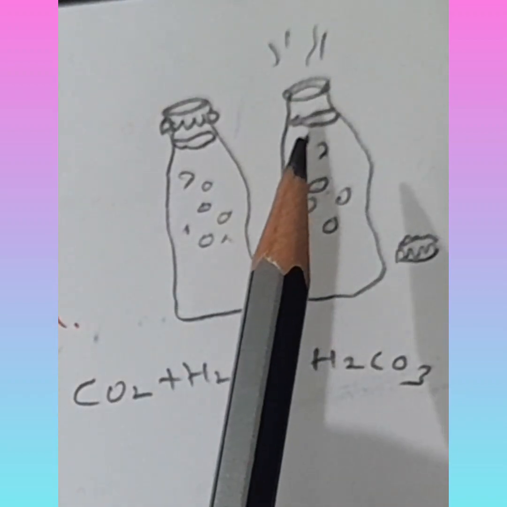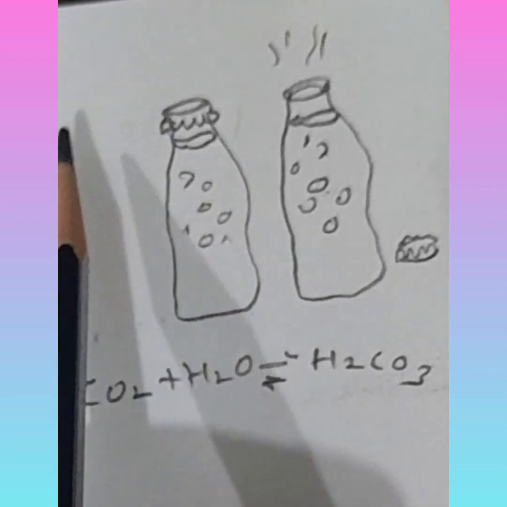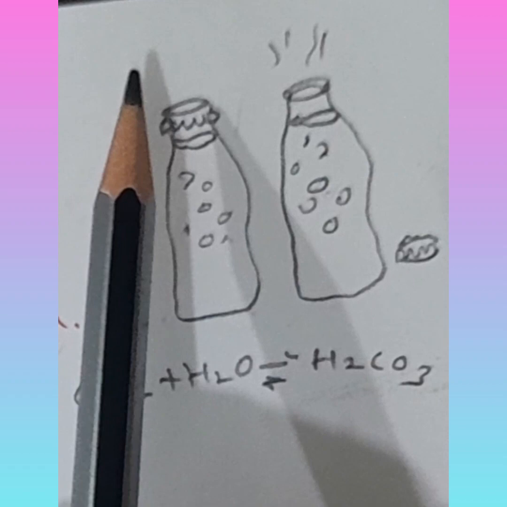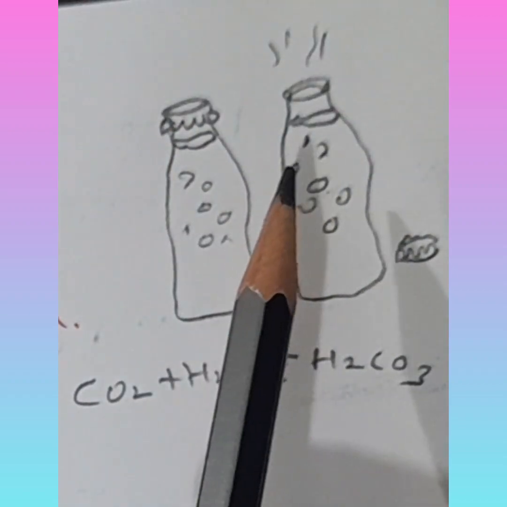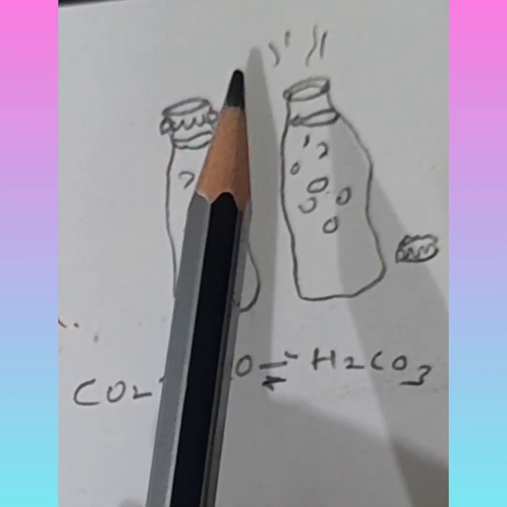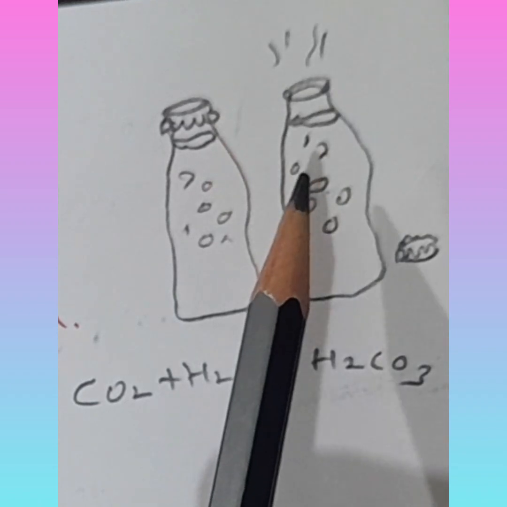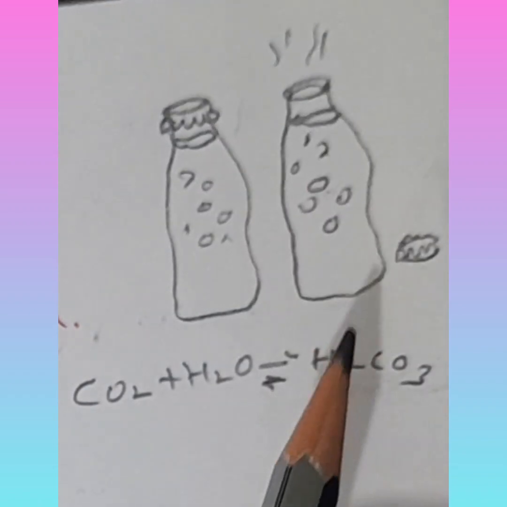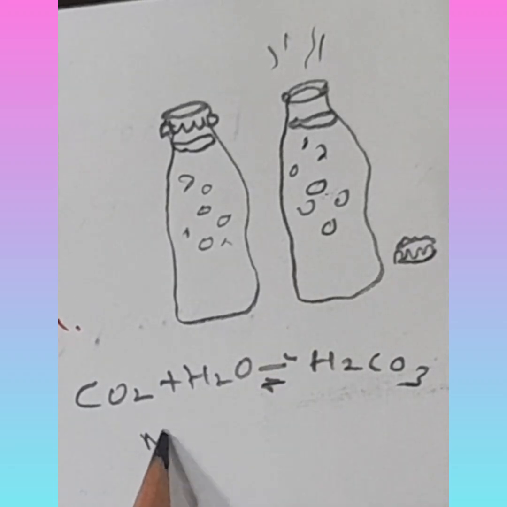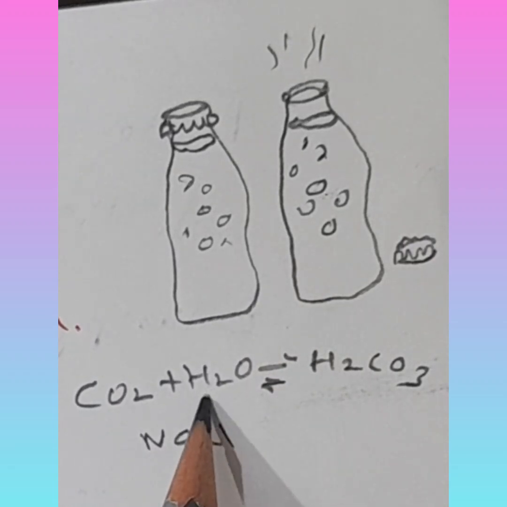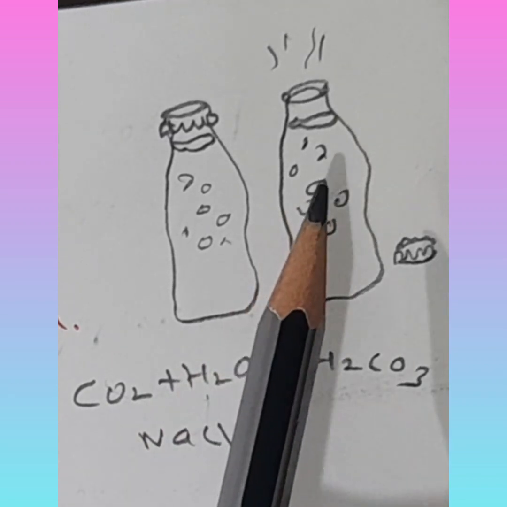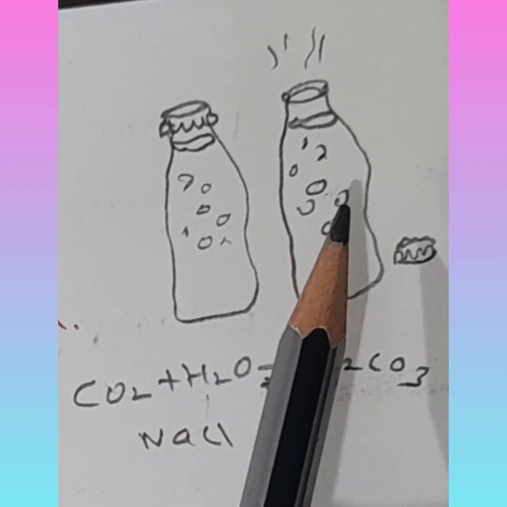So keep in mind: first, depressurization generated effervescence; second, vigorous shaking generated effervescence owing to heat and expansion of gas; and third, addition of some salt like NaCl, which goes into water and displaces carbon dioxide out, gave effervescence. Interesting, isn't it?